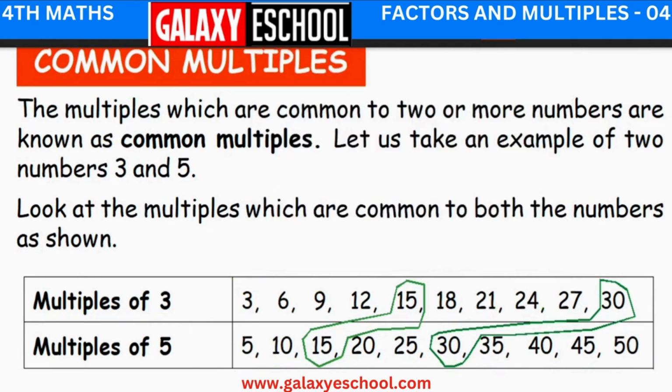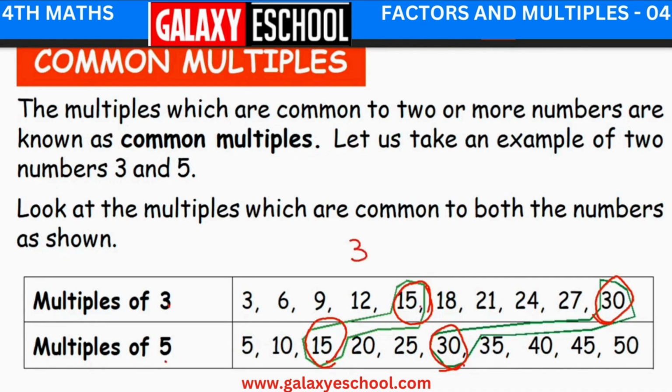Now if you look at the multiples that are common to both 3 and 5, here we have 15, and 15 is a multiple of 5 as well. Next, 30 is a multiple of 3 and also 30 is a multiple of 5.